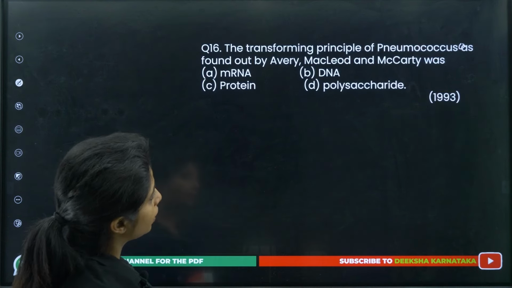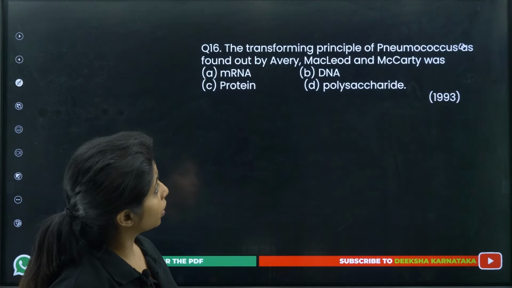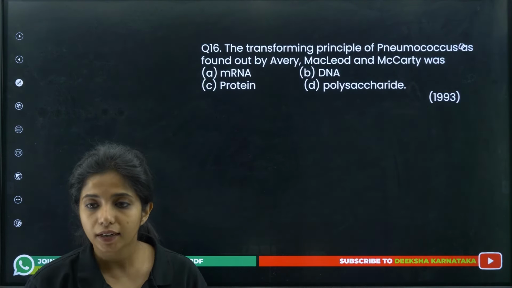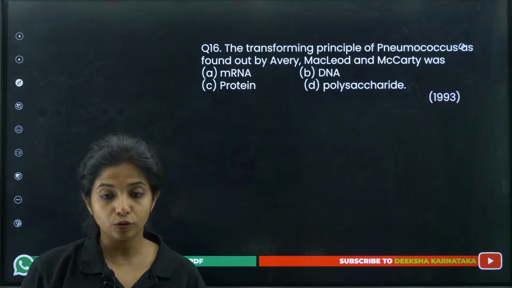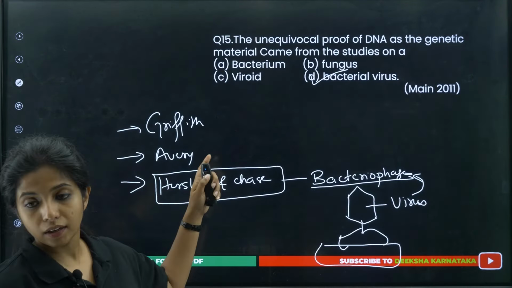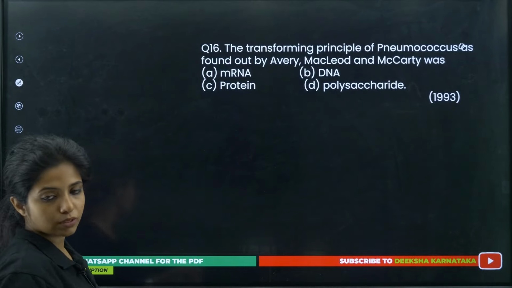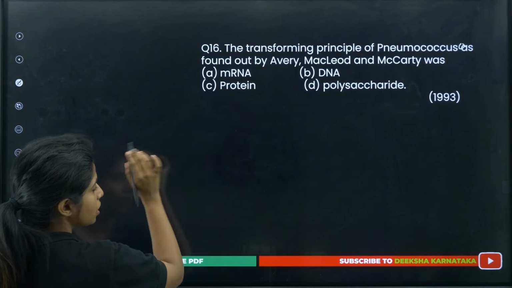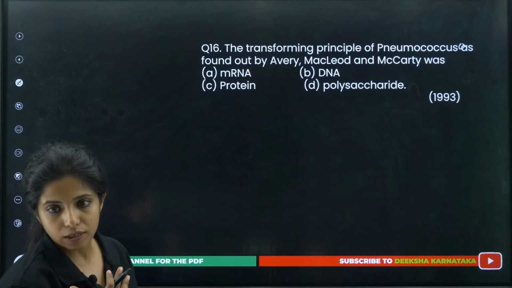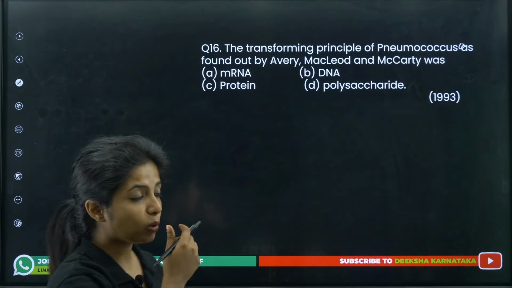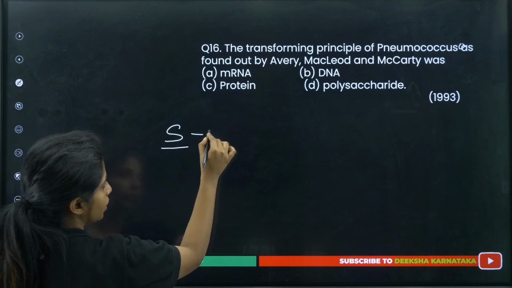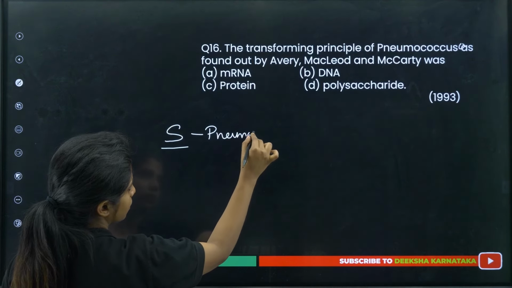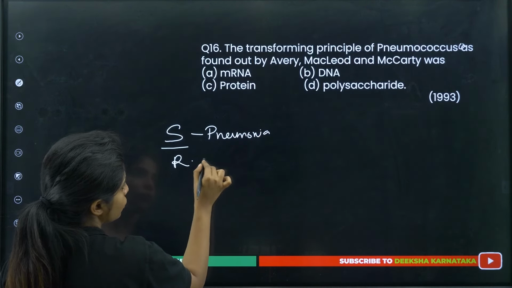The transforming principle found out by Avery, MacLeod and McCarty was what? So this was done by Griffith. Griffith did a pneumococcus experiment where he used 2 strains of the bacteria pneumococcus and he infected the mice. He found that S1 was the one that causes pneumonia, whereas R1 was non-virulent.